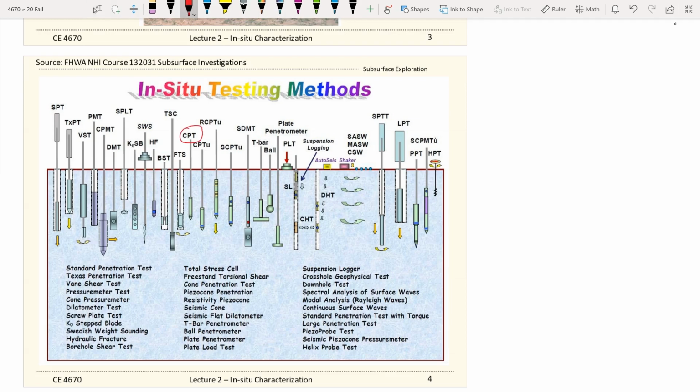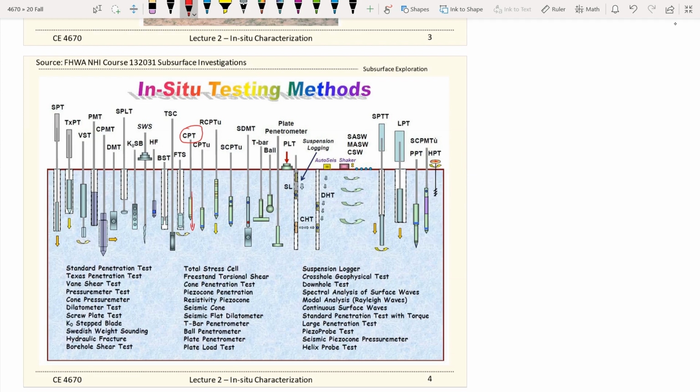We push a cone into the ground, and as the cone advances into the ground, you measure the resistance, and then we use those measurements of resistance to correlate with the parameters that we want to find out.